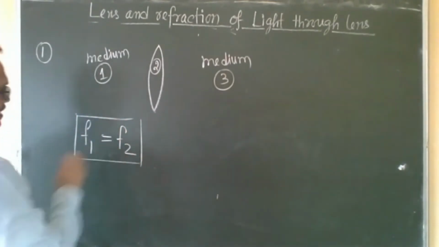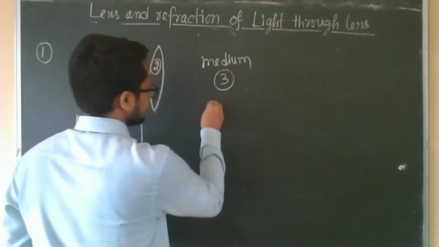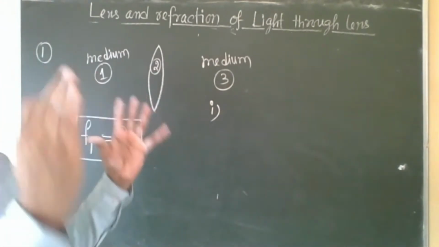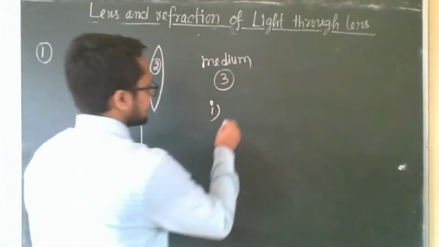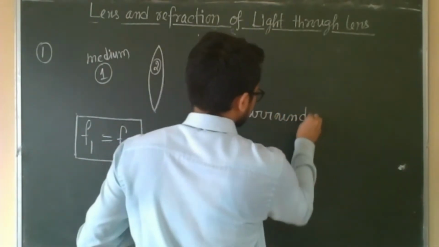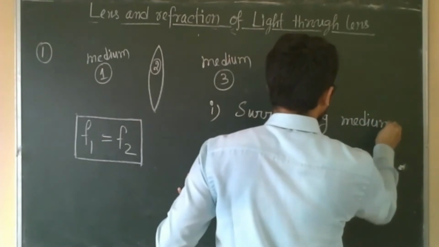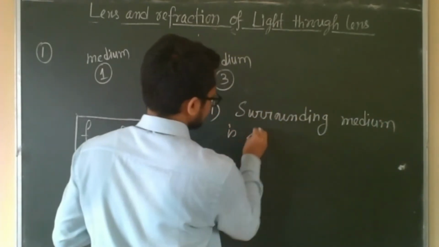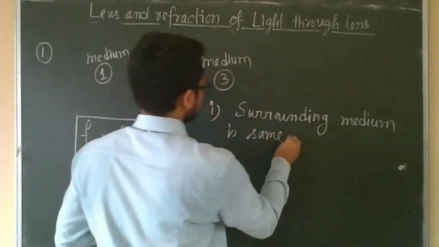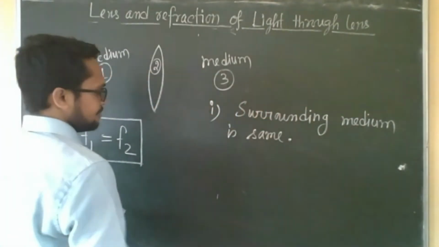So the condition for the two focal lengths to be the same is when the surrounding medium is the same. That means medium 1 and medium 3 are made of the same medium.